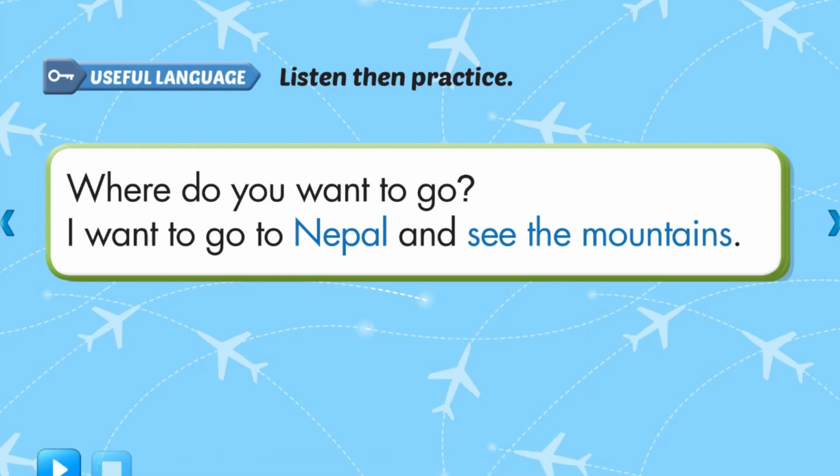Okay, this is about where do you want to go? In these questions, you're going to answer, I want to go to, and then Nepal is the place, and see the mountains. See the mountains is the thing that you want to see in that place. So, where do you want to go?